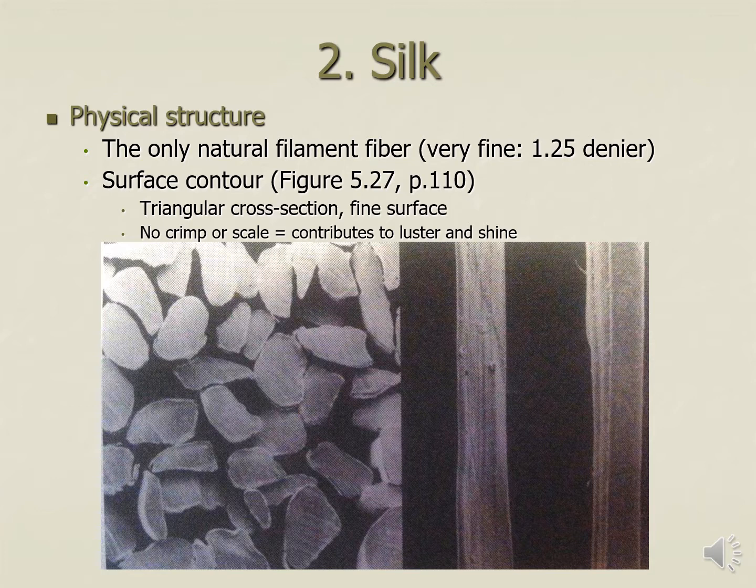We talked about this a little earlier in the semester, that there is a triangular cross section that you see on the left, and it has no crimp or scale, which gives it that very smooth surface and adds to the luster and shine. This is the antithesis of the wool fiber, which has all of the scales that make it a much duller fiber. So you can see how the physical structure of the fiber can really change the characteristics of that fiber.